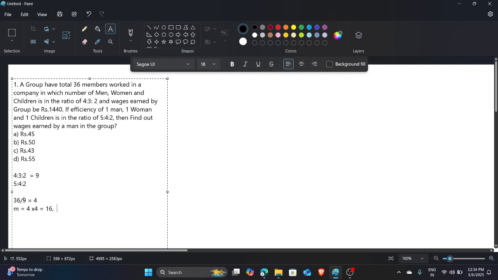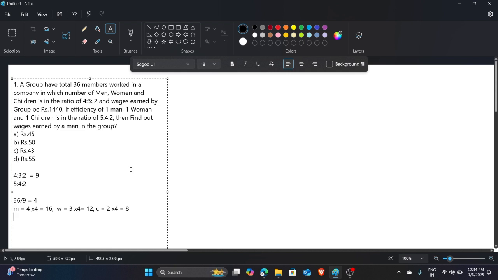Similarly for women, 3 multiplied by 4 is 12. Similarly for children, 2 into 4, so it is 8.